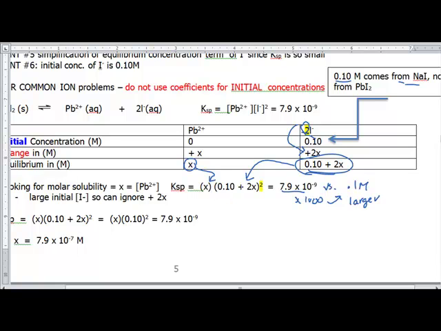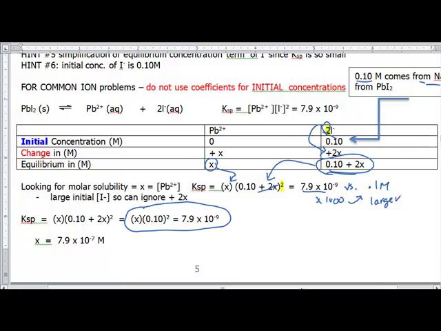So that allows me to ignore this small change in the iodide concentration. So I can ignore it, and it becomes a much simpler calculation to find X. To find X now in sodium iodide, this is the molar solubility of lead 2 iodide, which is different. Let's see how different, what happened.